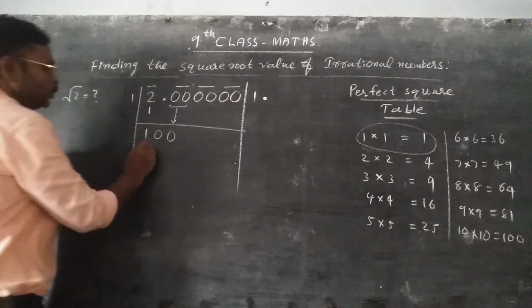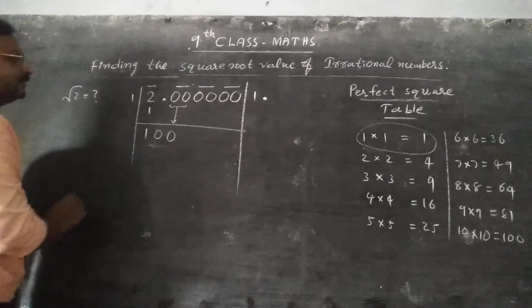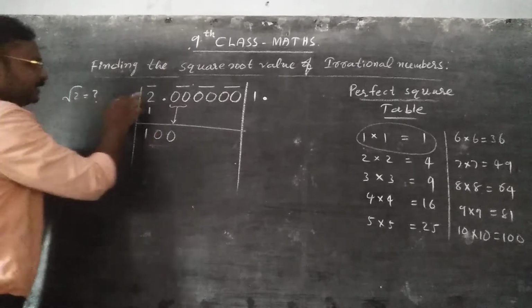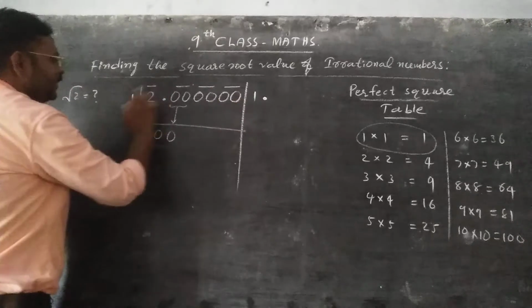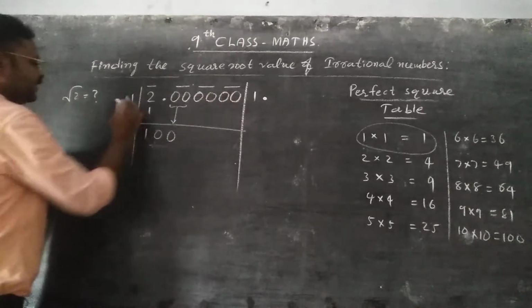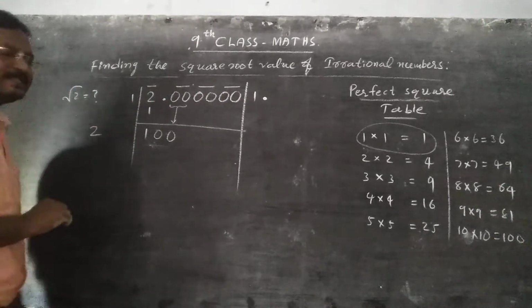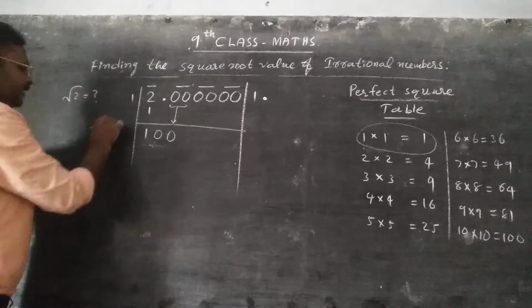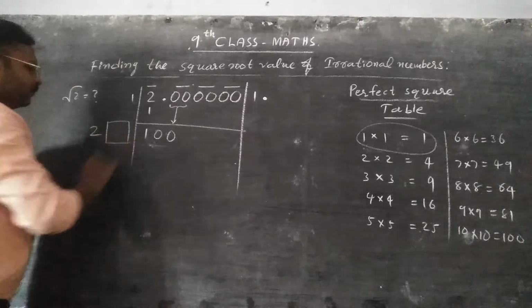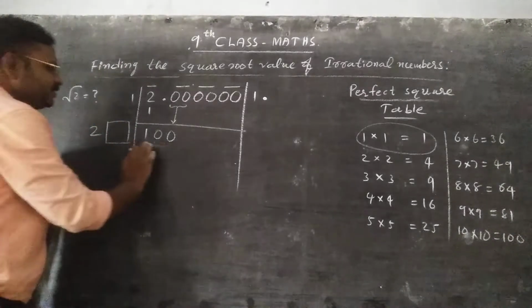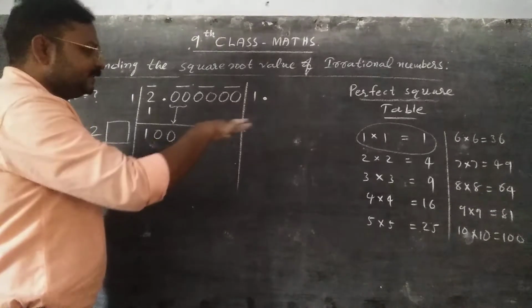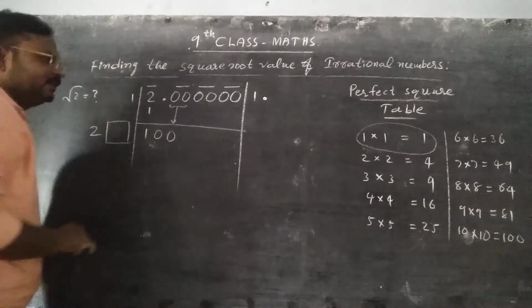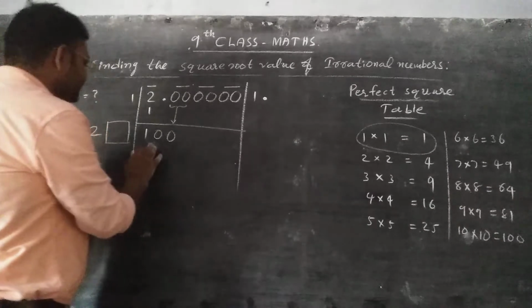Now to do the division for 100, you add 1 and this 1: 1 plus 1 is 2. And keep a box here. Which number satisfies 100?